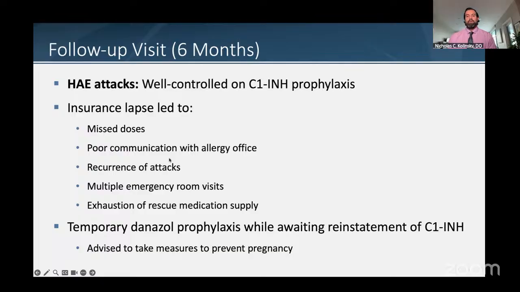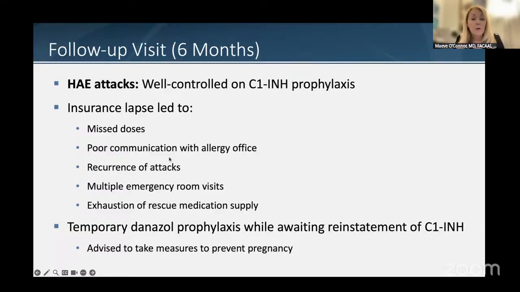So danazol is not at all, I don't think, anybody's favorite first-line option, but we put her on danazol and we advised her to take measures to prevent pregnancy while we waited until we could get her C1 inhibitor approved. I think with her history of most of her attacks being laryngeal and abdominal, this was a great option. I mean, what else could you do? Unfortunately, with these expensive medications, it doesn't happen overnight.